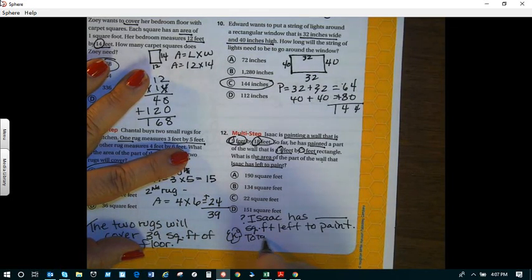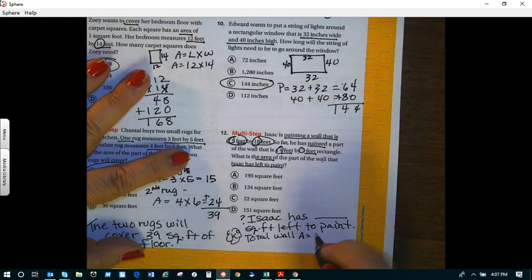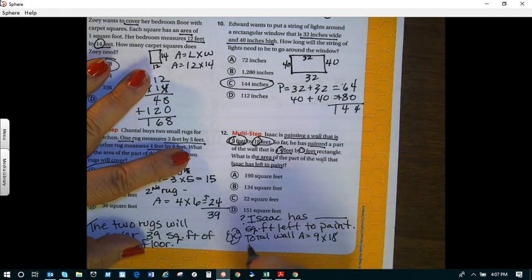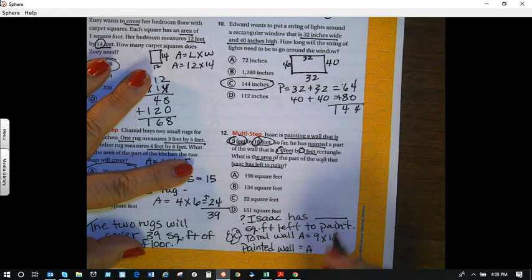Total wall, we're looking at the area of the whole side of the wall, 9 times 18, and then the painted part equals area 4 times 7.